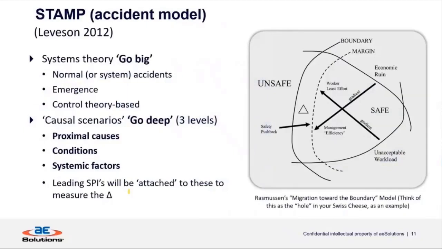I wanted to say very briefly, the STAMP is the accident model. STPA is the tool again. I'll show you some examples of that, but I wanted to show briefly how Leveson's model was influenced. If we start here on the right side of the screen, the STAMP model is actually influenced from Rasmussen's model. You can call it migration toward the boundary.